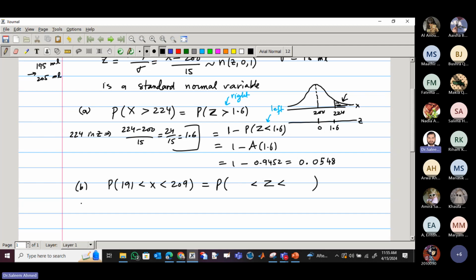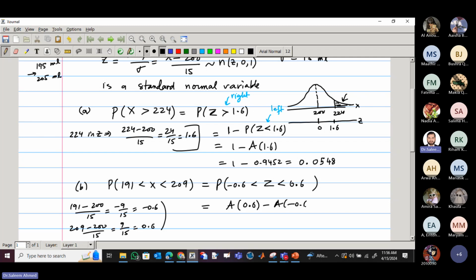What are these values? 191 minus mu by sigma, which is minus 9 by 15, minus 0.6. And then 209 minus mu by sigma, so that will be 9 by 15, so that is 0.6. Right? So I can write minus 0.6 and 0.6. You know that this is the area at the right point minus the area at the left point, right?